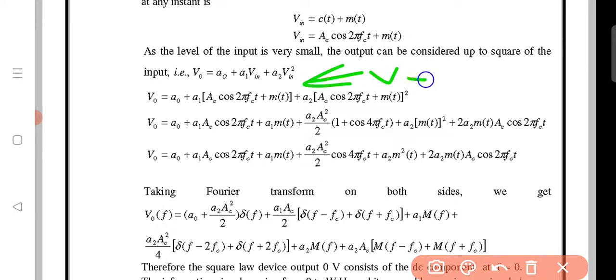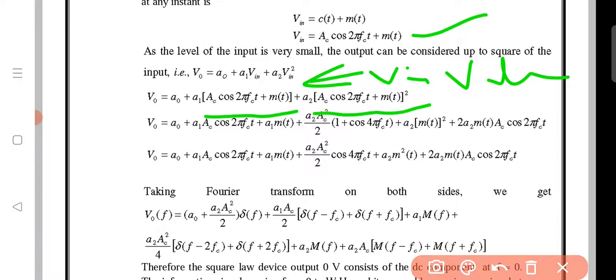So now a naught plus a1 into V in. So what is V in? V in is Ac cos 2 pi fct plus m of t. That is substituted here. Similarly, a2 into V in square is also substituted here.